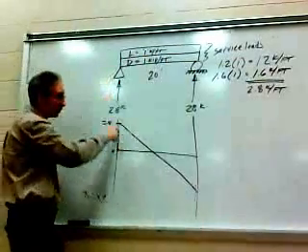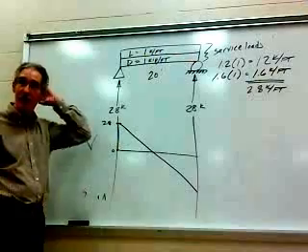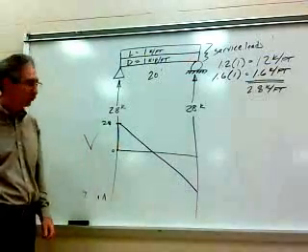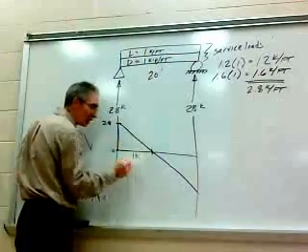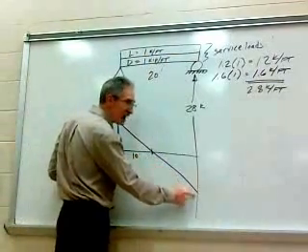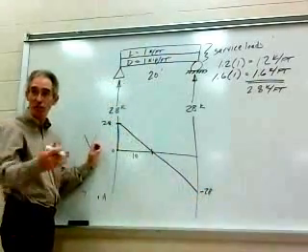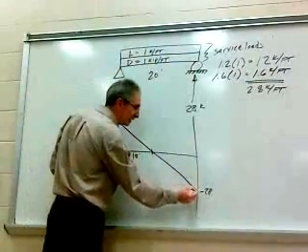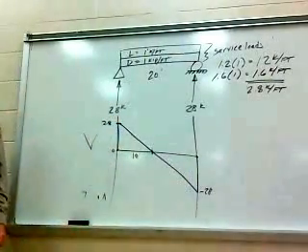Okay. The factored load is 2.8. So you're dropping down now 2.8 kips per foot. That means you cross 0 out here in the middle of the beam, but then you keep on going down, actually 28 more kips, so you're down at negative 28, and then the reaction on the right side pushes you back up to 0.